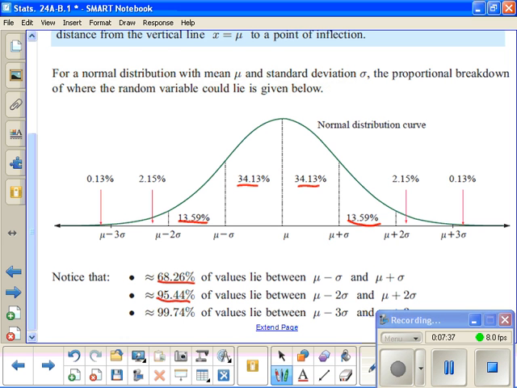And 99.74% of the data falls within 3 standard deviations of the mean. So this piece is 2.15, and this is 2.15. And then there's 0.13 out on the end, which we don't talk about because then it has to add up to be 1. So this is a distribution of the probabilities, and you'll need to know this information.